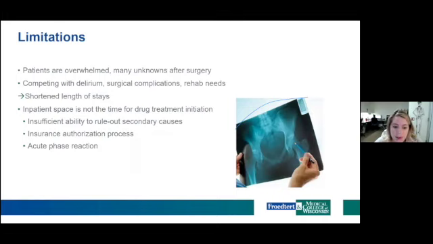With things like zoledronic acid, you don't want to have the acute phase reaction occur after any sort of surgery and have any mix-ups about, oh man, is this patient now experiencing some sort of infection after surgery? So those are just some of the reasons, but for a lot of reasons, the inpatient space is just not where you want to be starting somebody on a drug.